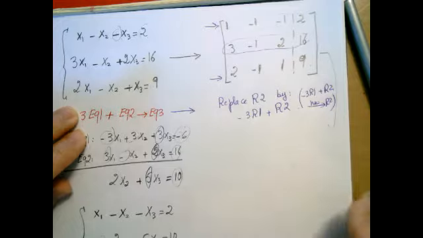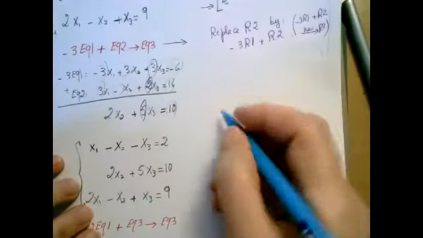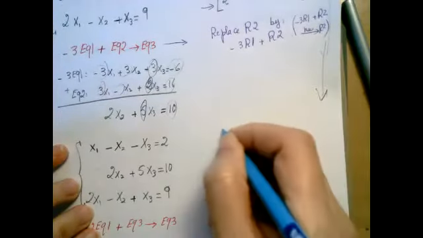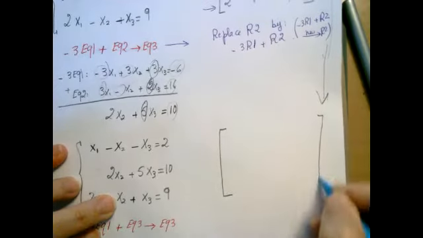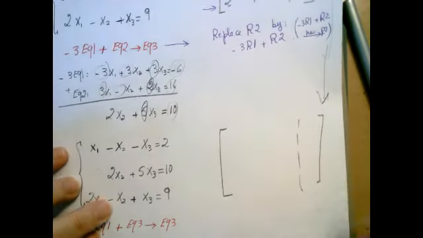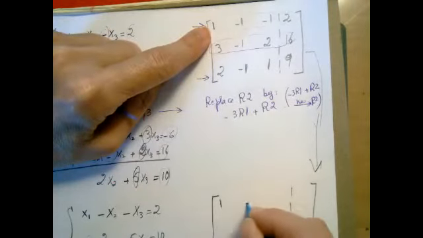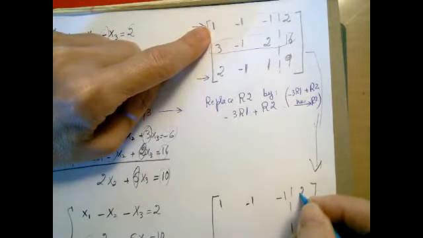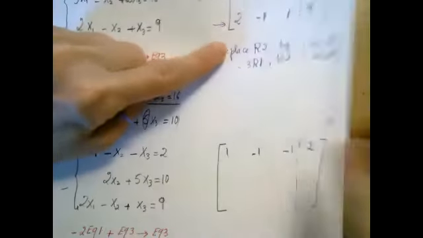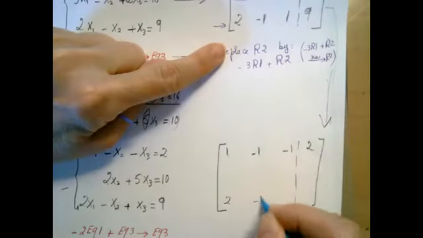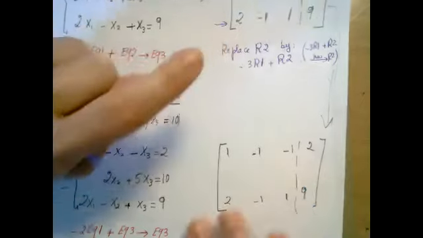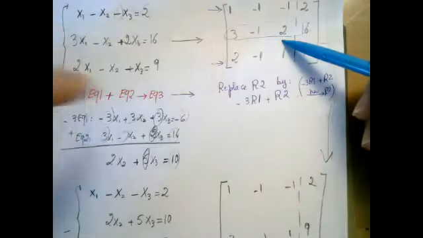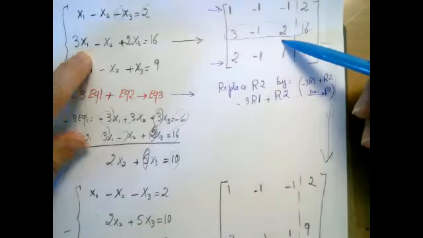Okay, so let us now write the matrix that corresponds to that. I'm going to write it again here. That's the augmented matrix. The first row, we kept it the same. Now the last row, we kept it the same because we kept the equation the same. It's the second row that we changed, because we changed the second equation to eliminate x1.